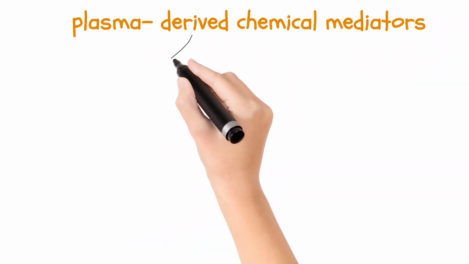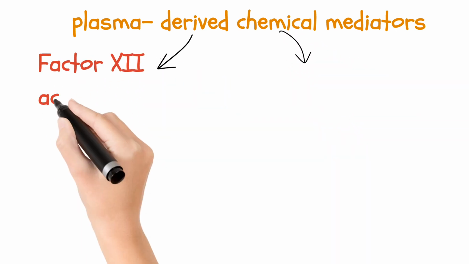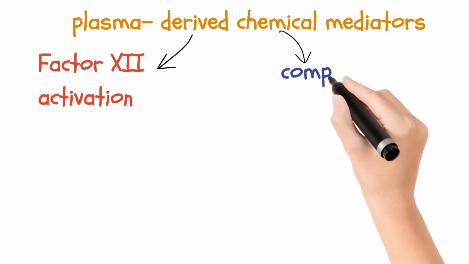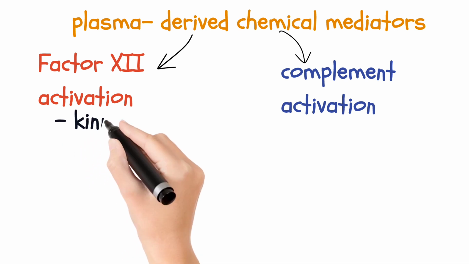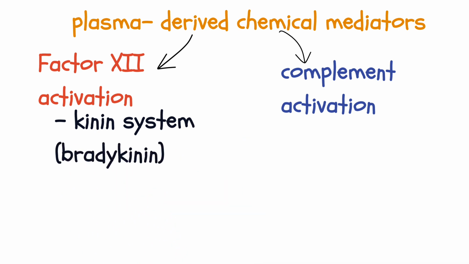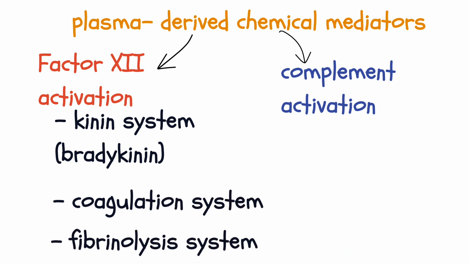Okay, now let's look at the plasma-derived chemical mediators. In this group, we have the factor XII or Hageman factor activation group, and then we have the complement activation group. Under the factor XII activation, we have the kinase system, example the bradykinin, the coagulation system, and the fibrinolysis system, and that is for the factor XII activation group.